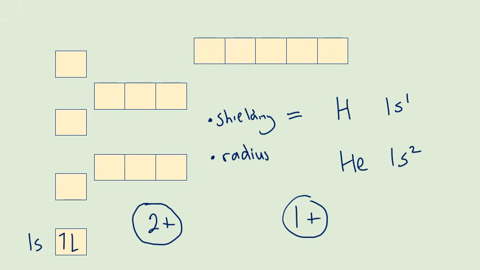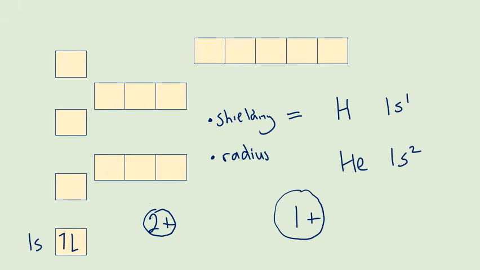So if we were to draw the radius, and I'm going to overemphasize it, the radius of helium will be smaller than the radius of hydrogen, simply because it's got a bigger nuclear charge, it can pull the electrons closer.